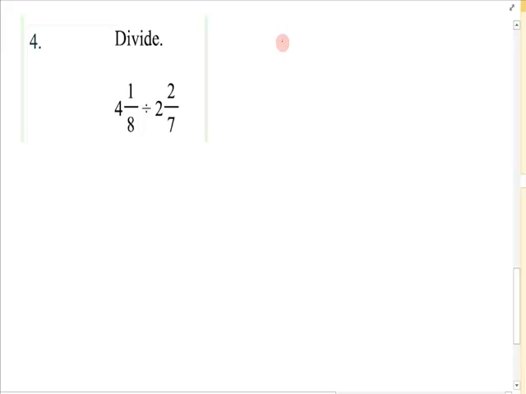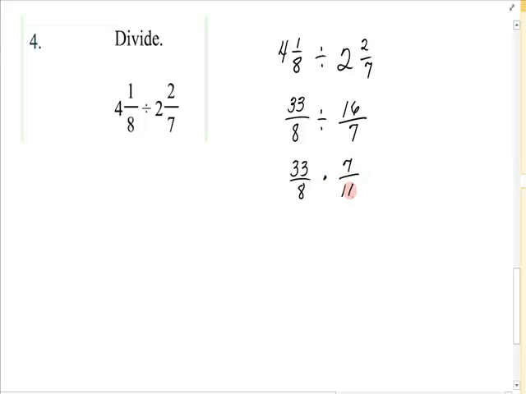All right, for this one I have 4 1/8 divided by 2 2/7. Improper. 8 times 4 is 32, plus 1 is 33 over 8 divided by 7 times 2 is 14, plus 2 is 16 over 7. Keep, 33 over 8. Change and flip.